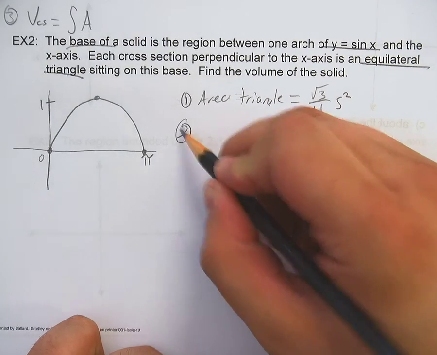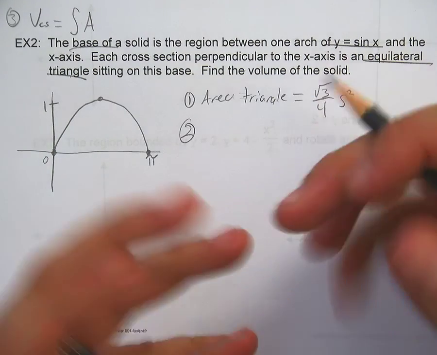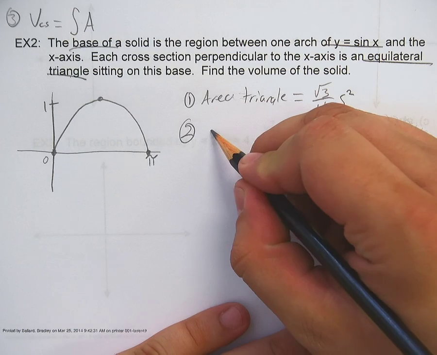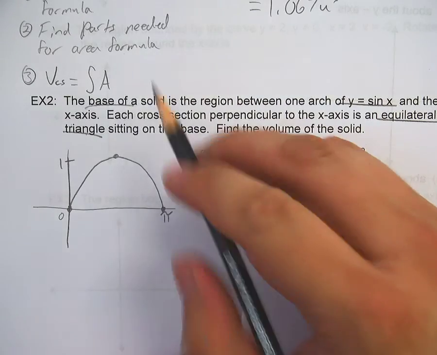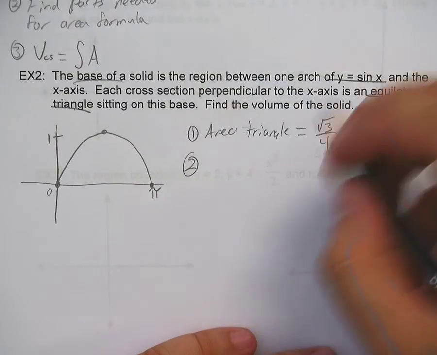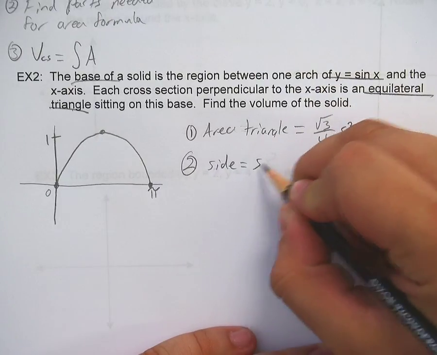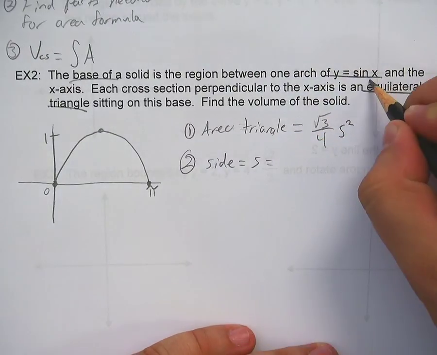Number 2. Again, I will do one with a base and a height a little bit later, but for right now I just want to keep this a little bit more simple. Number 2 is to find the parts needed. So I need the side, which is my sine x.